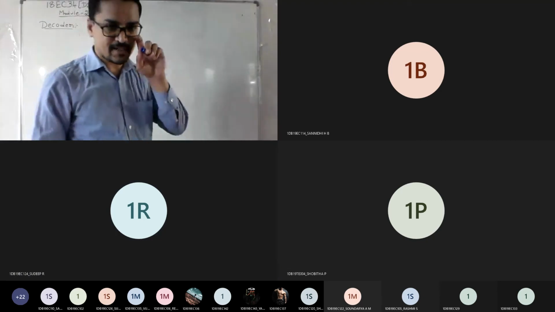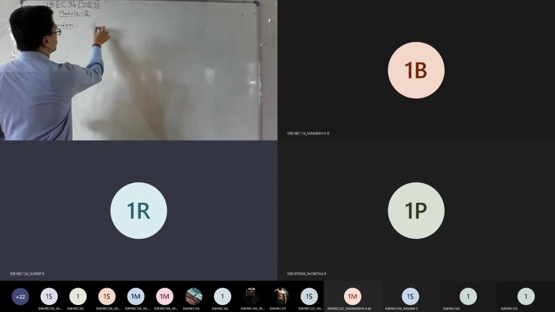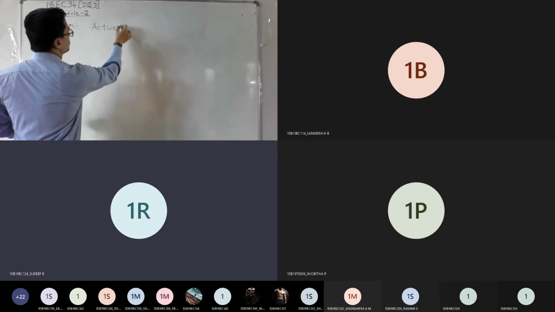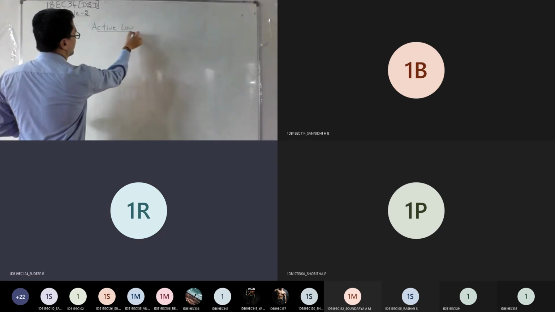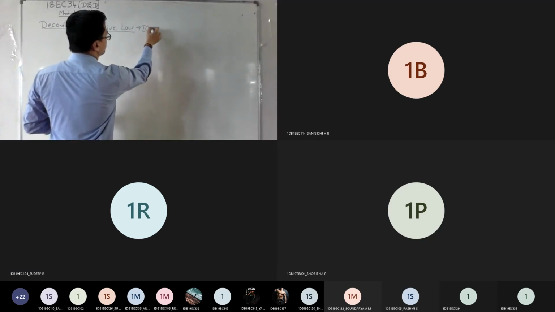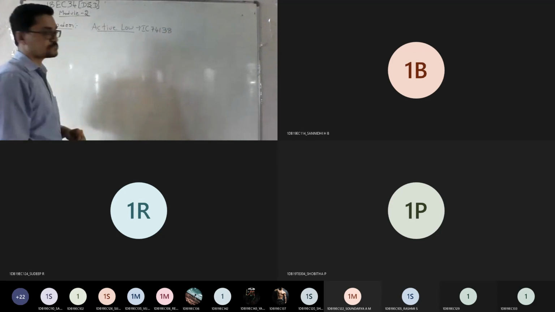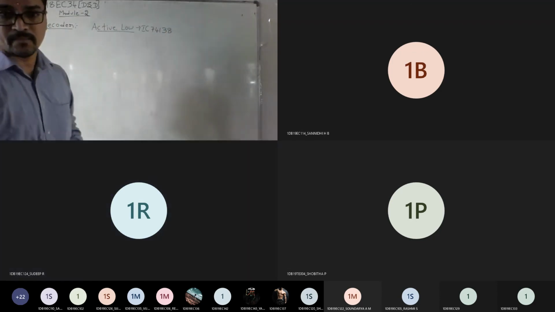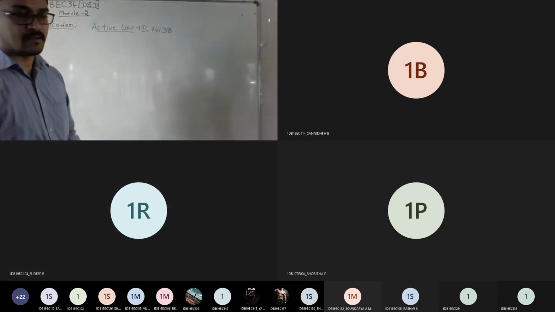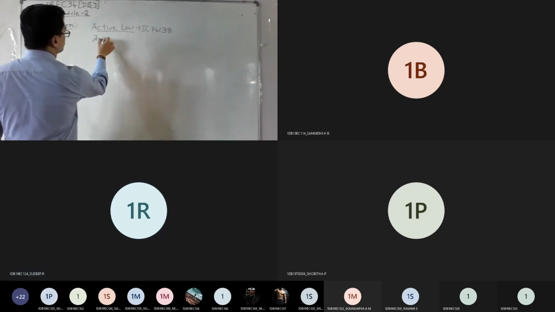So whenever they ask full subtractor, active low logic, it may be in terms of IC also, IC 74138. Is it visible what I am writing? Yes, sir. Okay, fine.